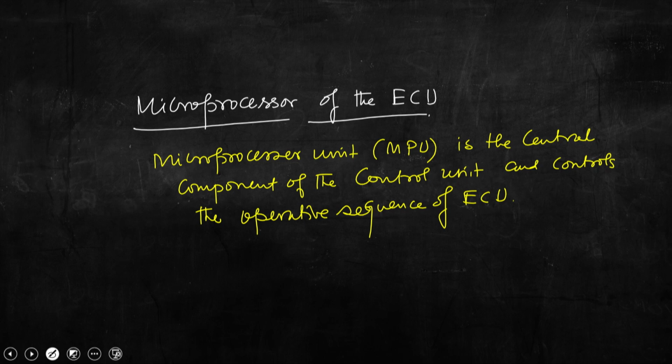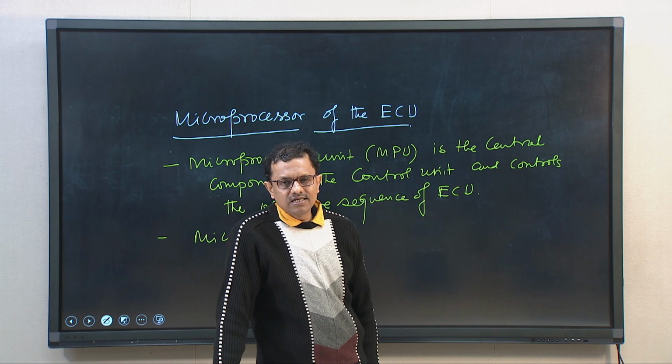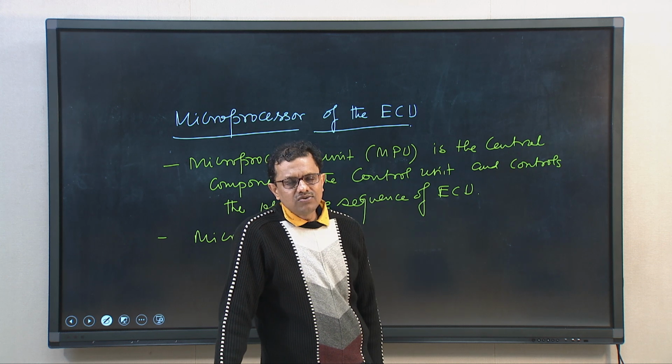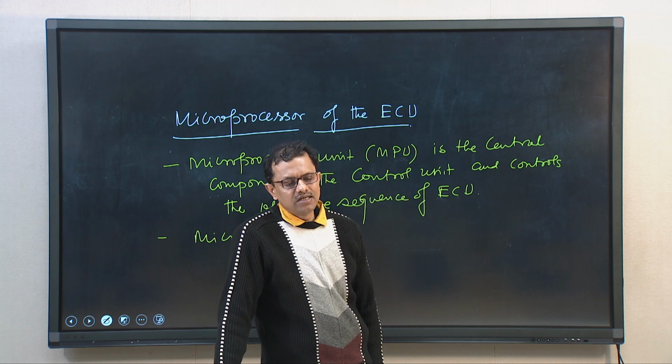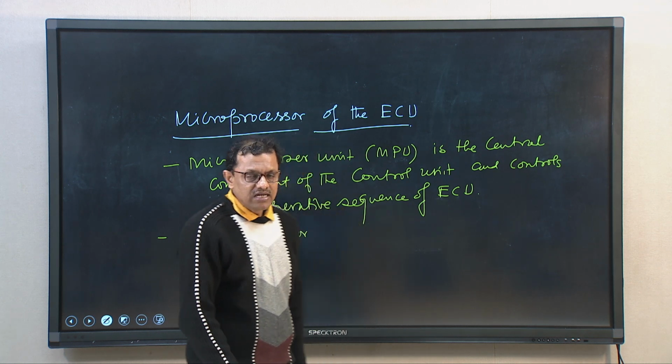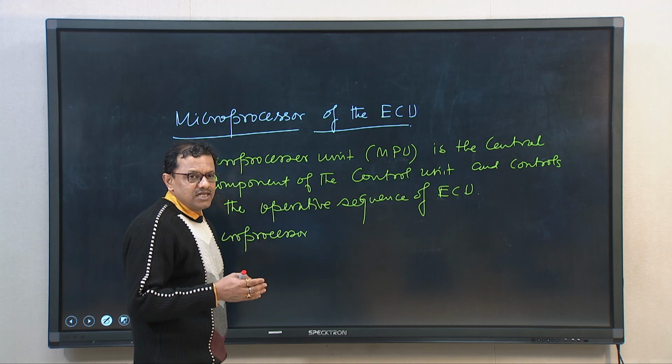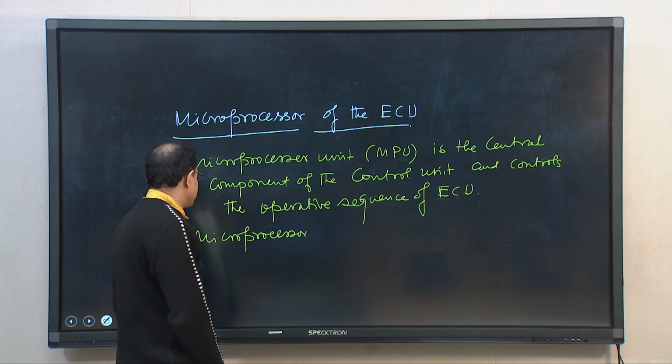Okay. And now again this microprocessor, as I told you, is an important IC, integrated circuit, that can house 2,50,000 gates in 1/4 inch square area. So, you can imagine the capability of this particular IC.